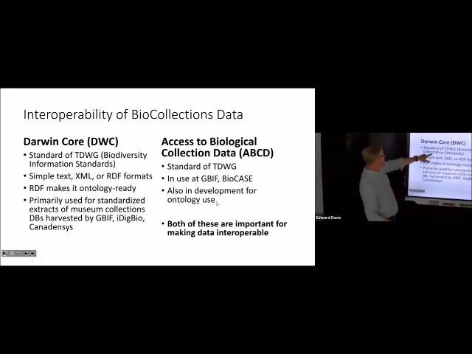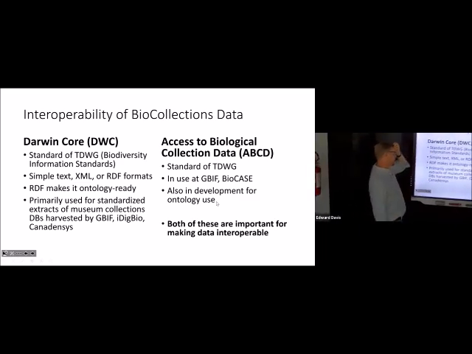But TDWG is a scientific society that has meetings, I think, at least once a year, where they talk about the standards for how to share bioinformatics data. Whenever there's a change proposed, it has to go through a whole process with committees to make sure that the change isn't going to disrupt existing data and is compatible as we move forward.